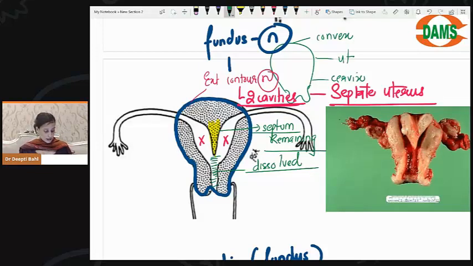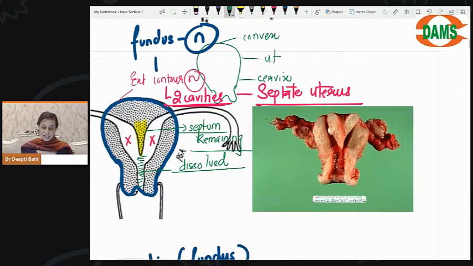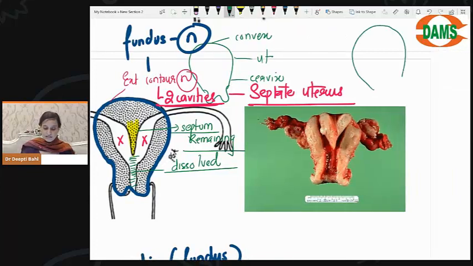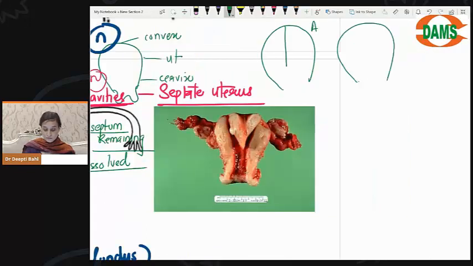Okay, so in the bottom part the septum has dissolved and the septum is only in the upper part, which means if I draw two drawings, A and B, which is the correct septate uterus?